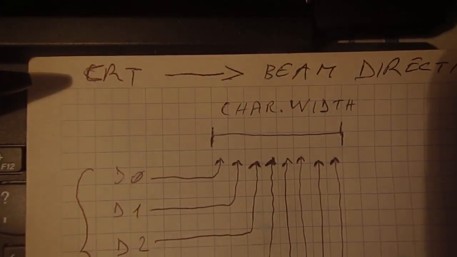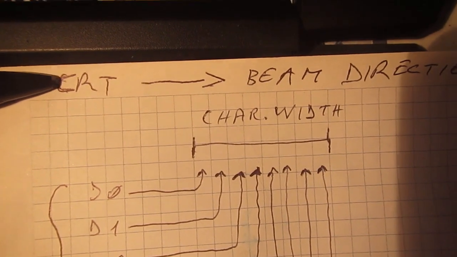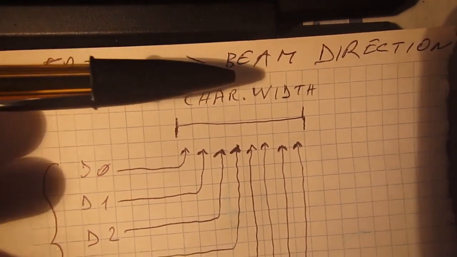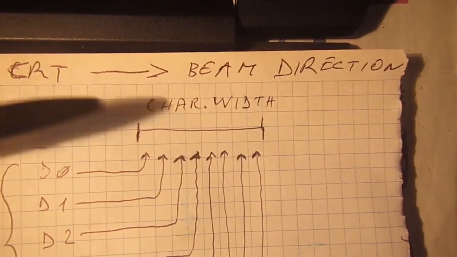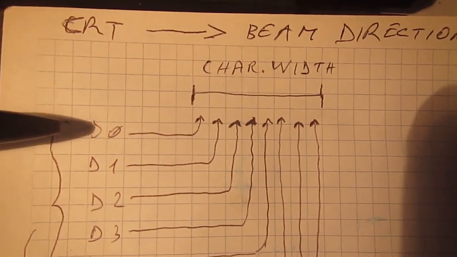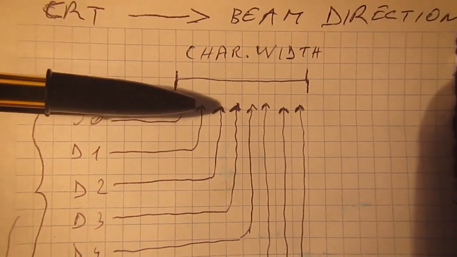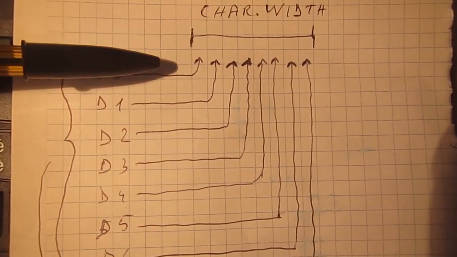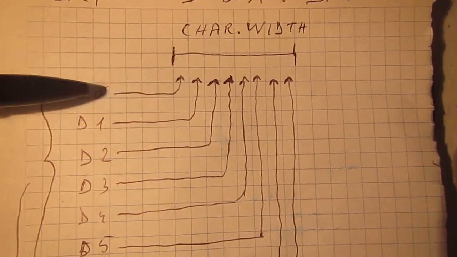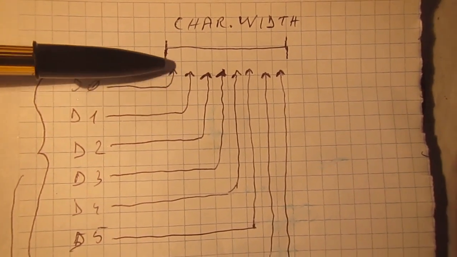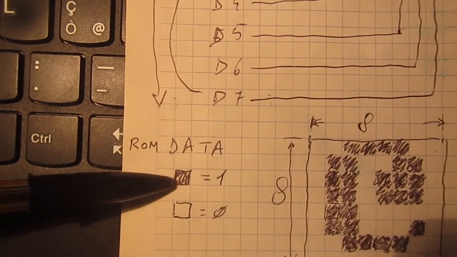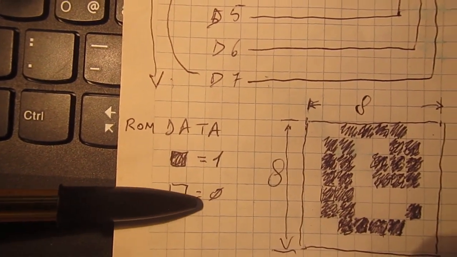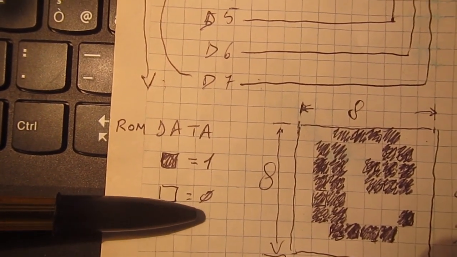So what happens is, when the CRT electron beam moves from left to right on each scan line, the shift register shifts out the bits from the data bus of the character generator ROM, and each bit forms a pixel, either an illuminated pixel if the bit is 1, or a blank pixel if the bit is 0.